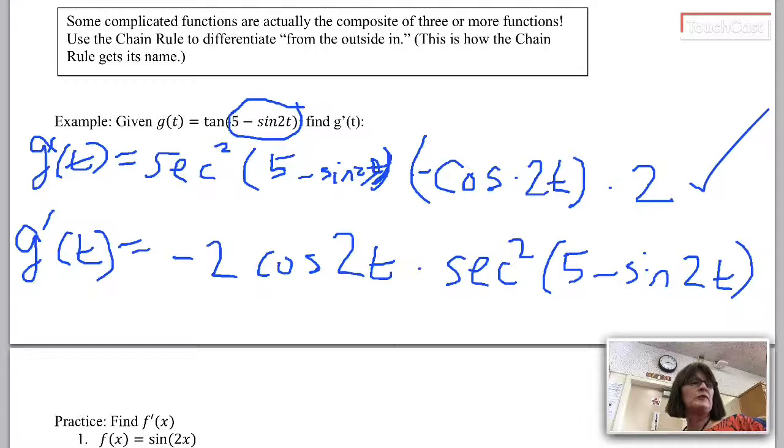But notice that on the free response section, you have no obligation to simplify that. Just notice, since we have 3 functions composed together, tangent, 5 minus sine of, and 2 times, there will be 3 factors in our derivative.